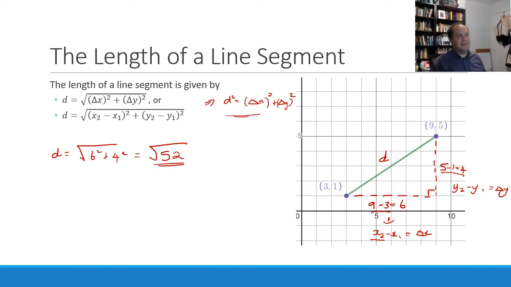So 7 and a bit will be the length of this line segment here. Again, that's just using Pythagoras. So you might remember the distance formula or some version of it, but the idea is we're just using Pythagoras. And our sides are our change in x and change in y, or x2 minus x1 and y2 minus y1, the same sort of variables and changes we have in our gradient formula.